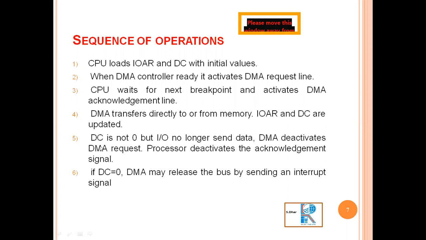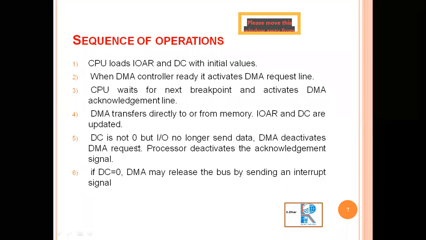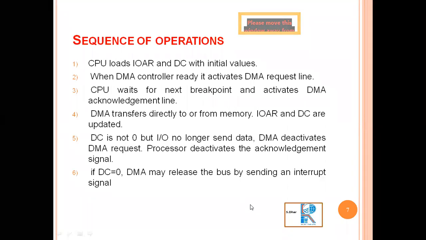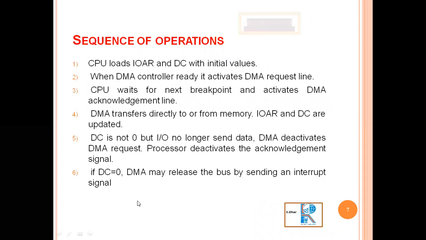If the data counter is 0, that means all the data has been transferred. But if the data counter is not 0, that means all the data is not transferred yet, but IO no longer sends the data. That means there is no requirement of data, or there is some problem in the IO device and it cannot send the data. Both can happen.